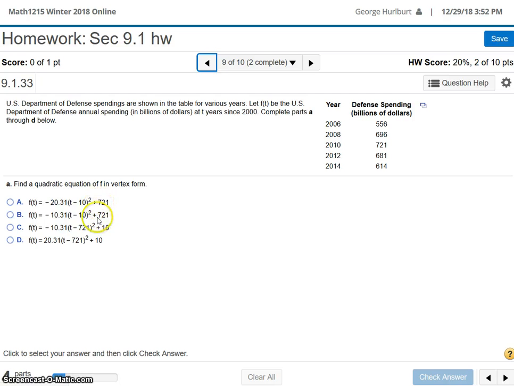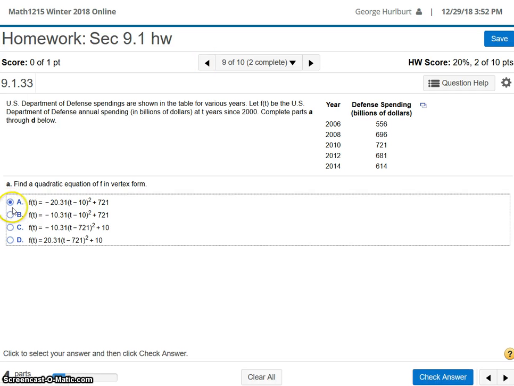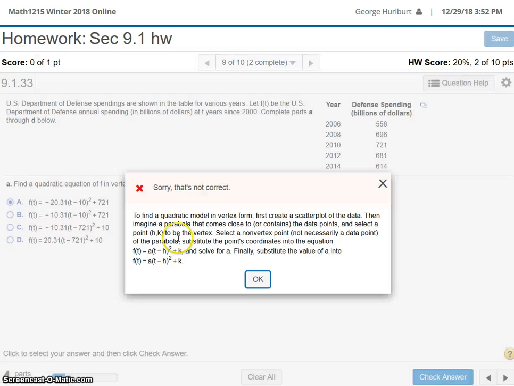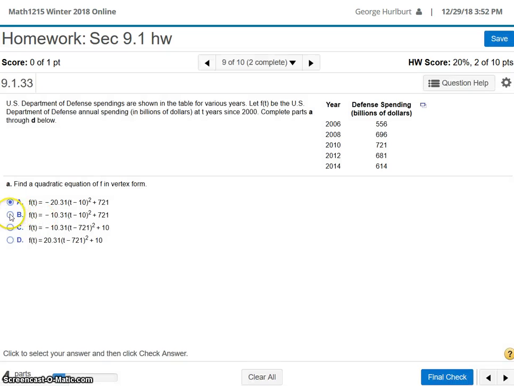So it could be either A or B. What I would have to do to be sure is pick one of these values and plug it in and see which one gives me a number close to that. I'm just going to guess to save time instead of actually doing the work. I'm going to guess the wrong one. It's got to be that one then.